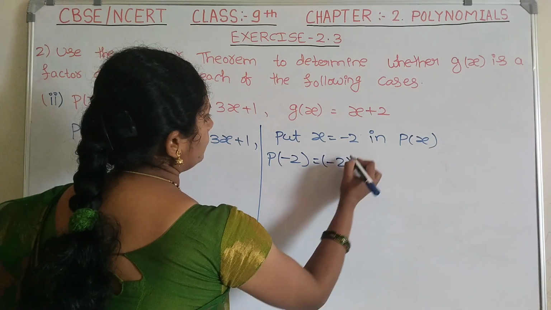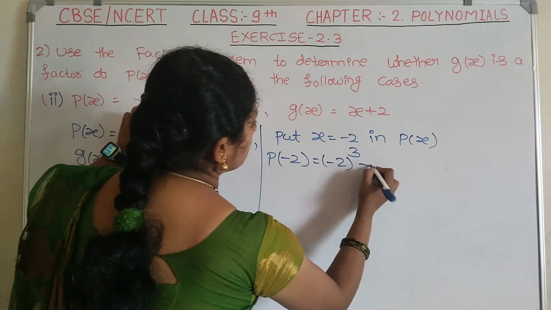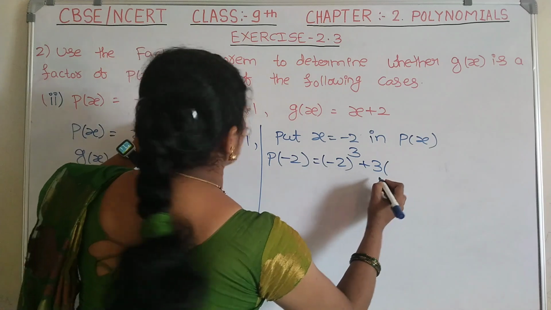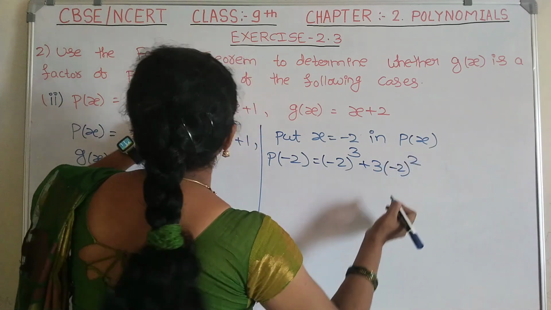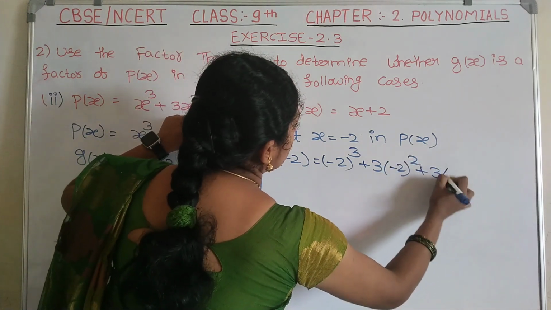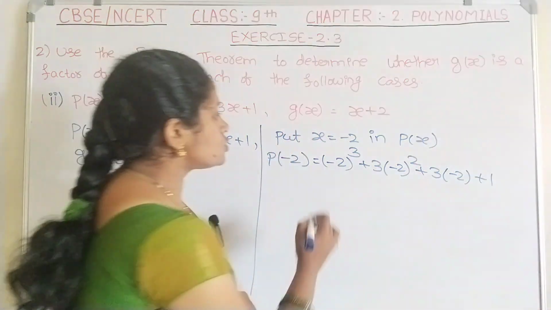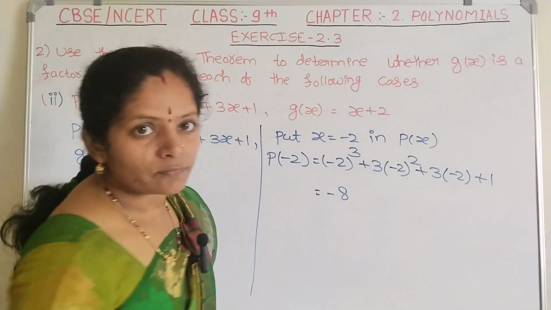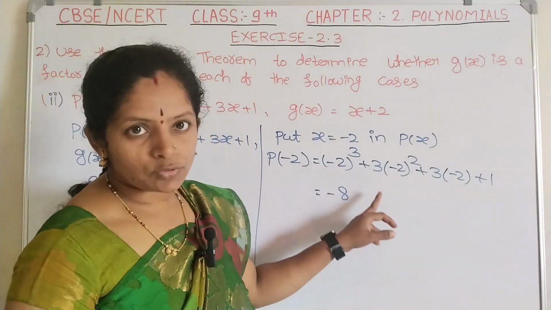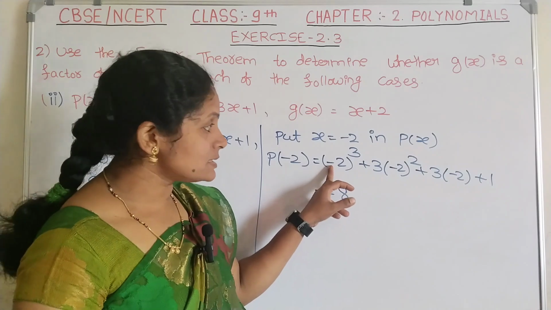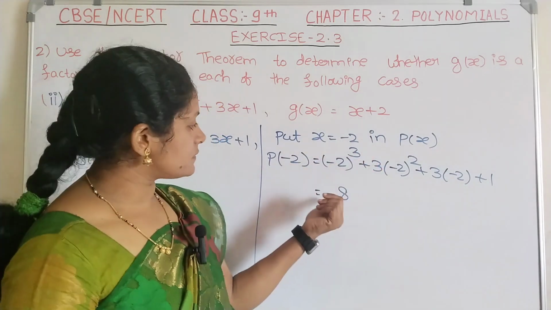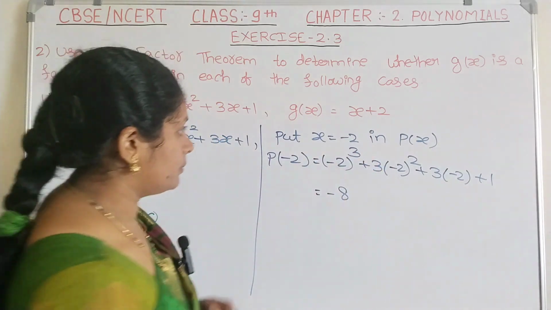Minus 2 whole cube plus 3 into minus 2 whole square plus 3 into minus 2 plus 1. Minus 2 whole cube is minus 8. 2 2s are 4, 4 2s are 8. Minus power odd number, that's why we will get a minus number.